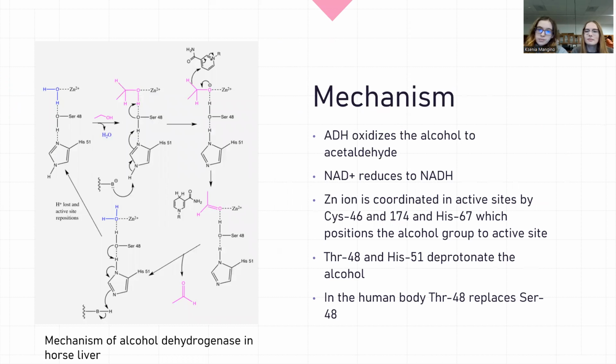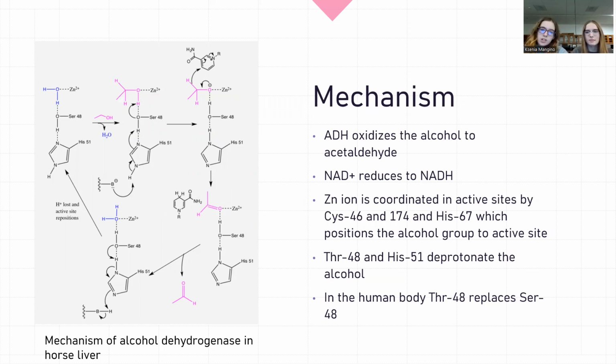The mechanism for this enzyme, alcohol dehydrogenase, can be seen on the left. This is the mechanism found in horse livers, but the difference between the horse and the human enzyme is that threonine 48 replaces serine 48.